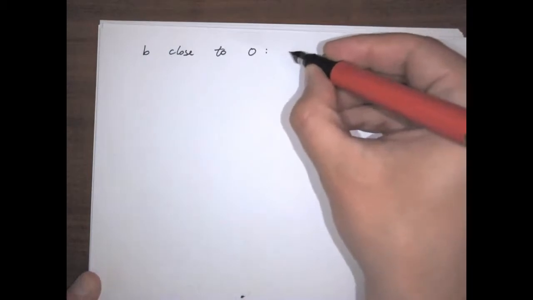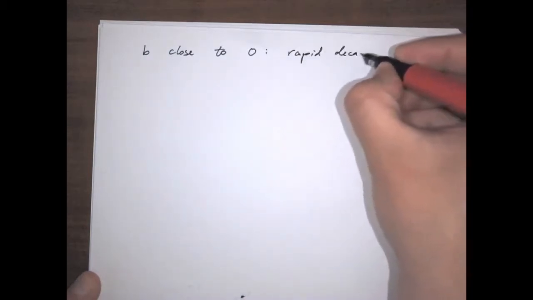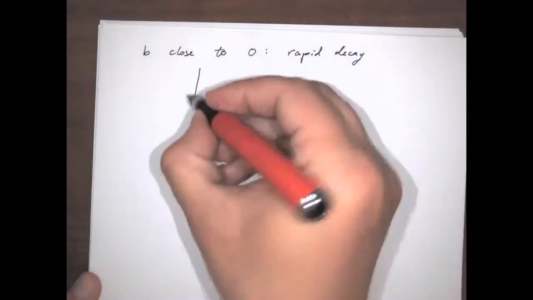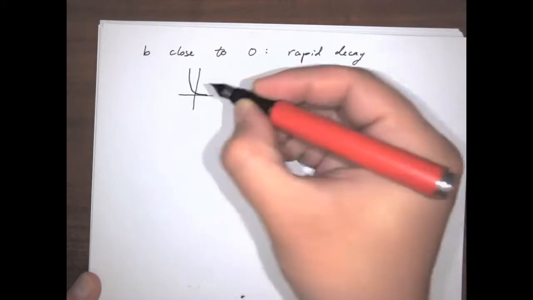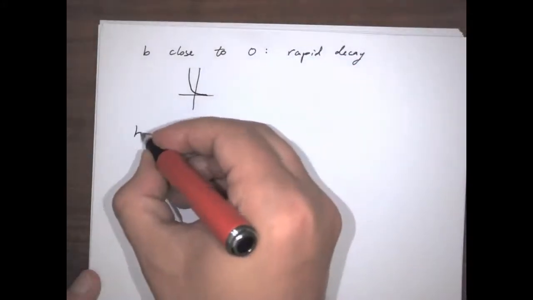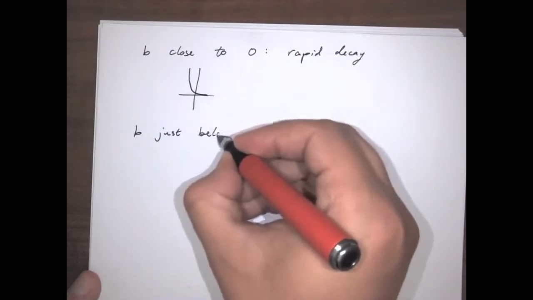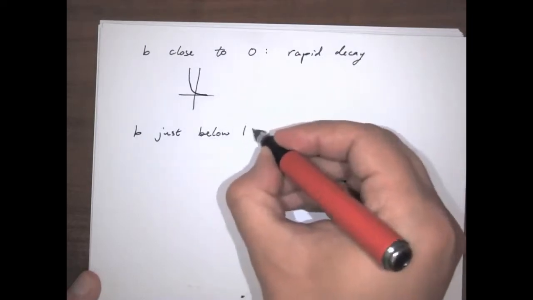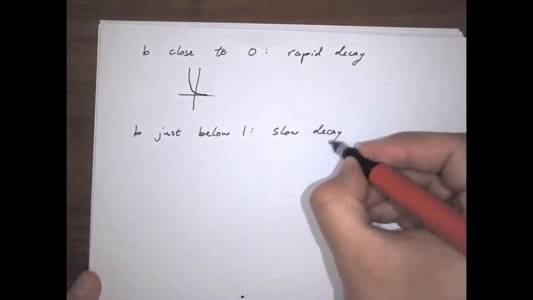This means rapid decay. So b just below 1. This means slow decay.